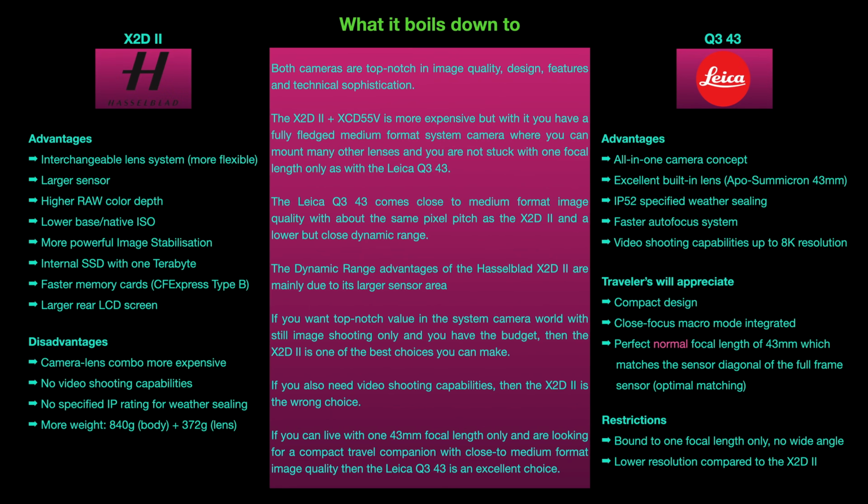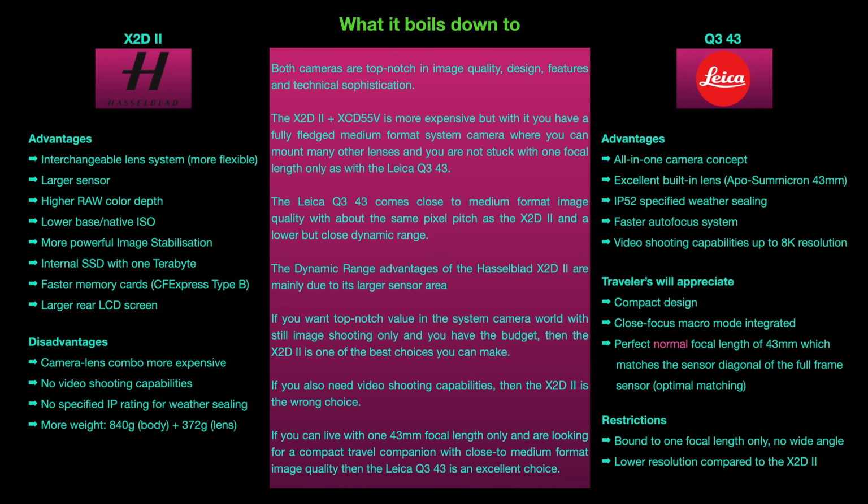Here is now my quick summary, and everything you see on the left-hand side and on the right-hand side, I already mentioned when I talked about advantages and disadvantages of the two camera lens combinations. What I want to focus on is the box in the middle. Everything I said in the last minutes boils down to the following. Both cameras are top-notch in image quality, design, features, and technical sophistication.